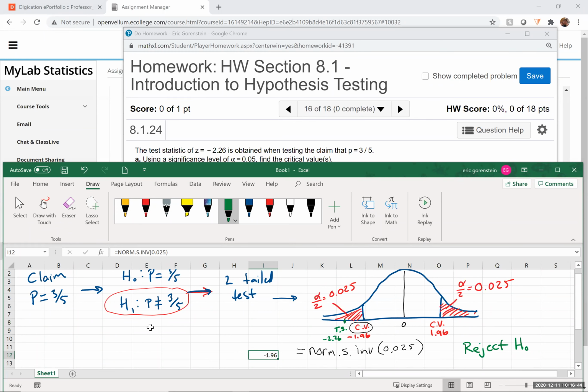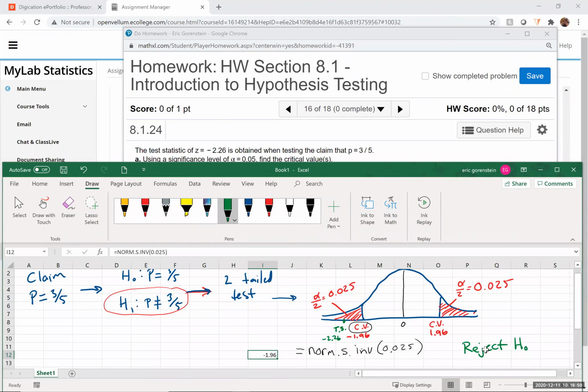And so if you were doing a full hypothesis test, so this is just asking about parts of the test. This is saying, like, what's the critical value and do you reject the null hypothesis, yes or no? If you were doing the whole full hypothesis test, you would go one step further.